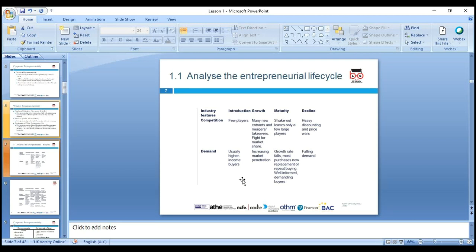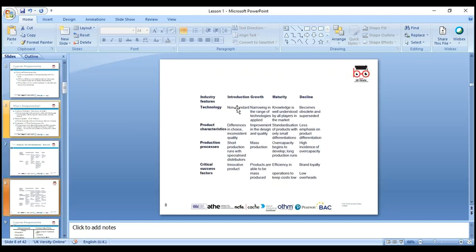Then we reach maturity, then decline. These are the processes. Demand at the introductory stage, with new ideas, can be very high, then the ideas grow, reach maturity, and start declining. So we are always looking at and developing new things.